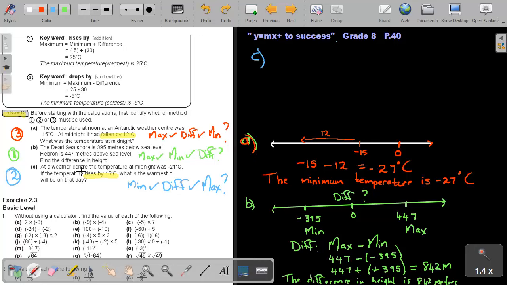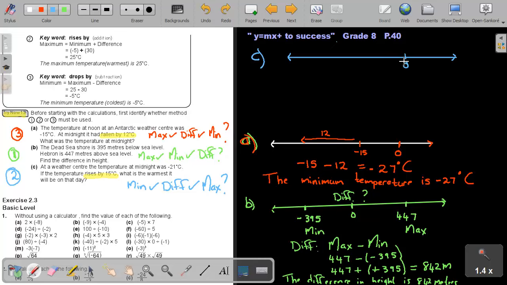So, at the weather center, the temperature, okay, let's first draw a number line, because it just helped me. Let's redo that. It's just helping me to place everything. Okay, at the weather center, the temperature at midnight was negative 21 degrees Celsius.